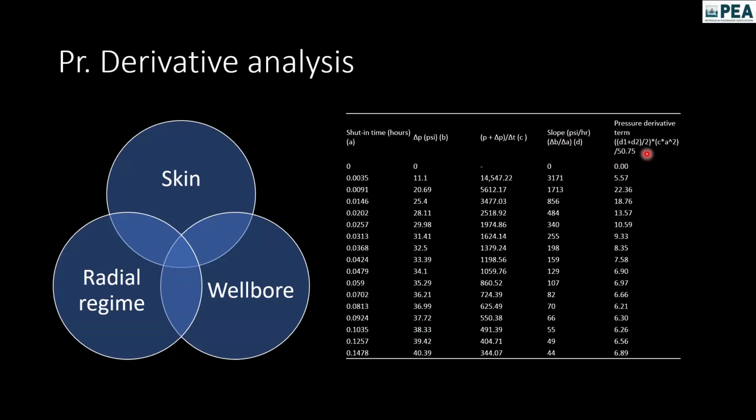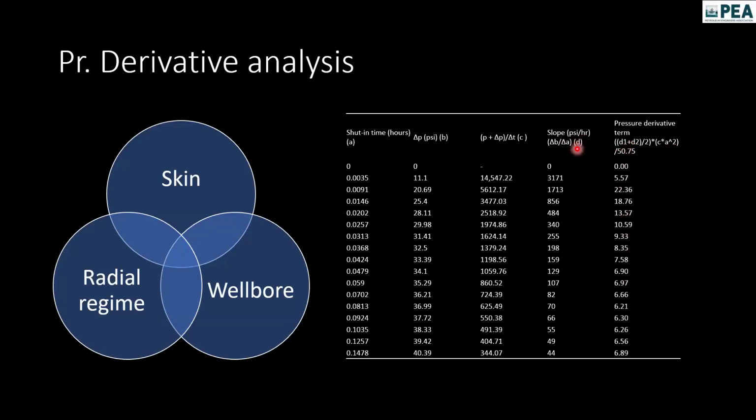Then after that, this is the formula that we are going to use to get the pressure derivative terms. All the pressure derivative values we got from this: D1 plus D2 by 2, C into A square by 50.75. 50.75 is the production time period, so it is a constant value that will not change through these parameters, but other values will be changing.